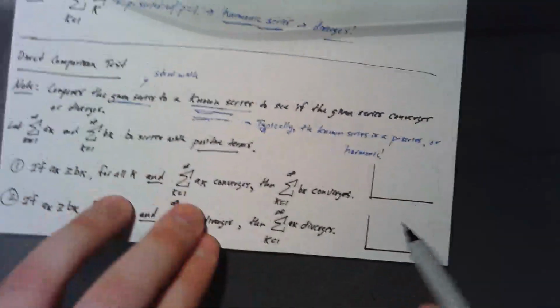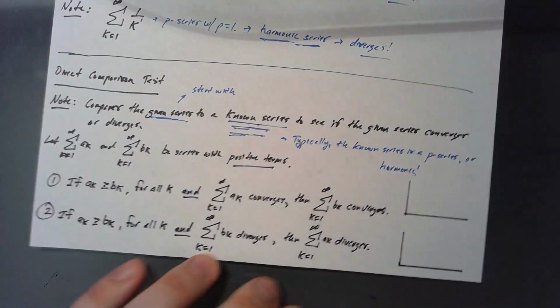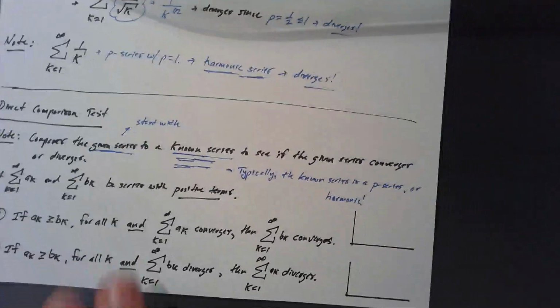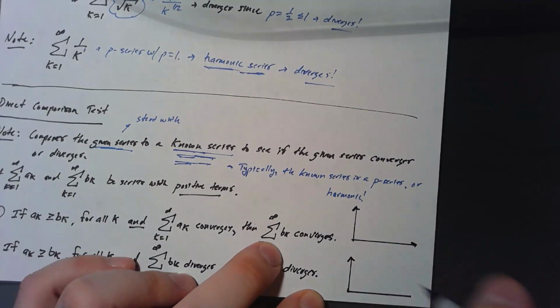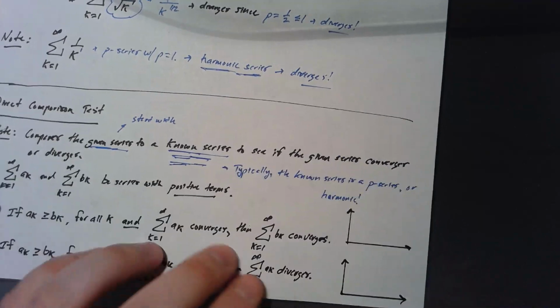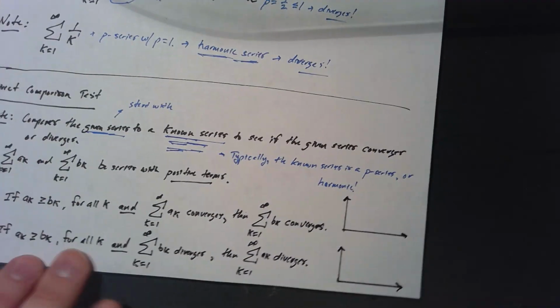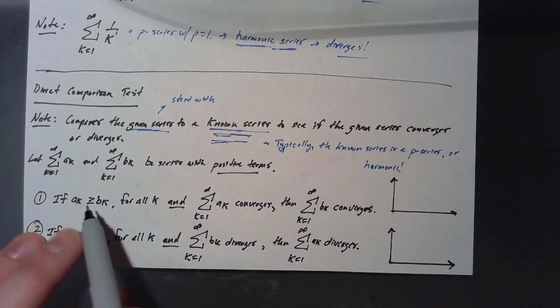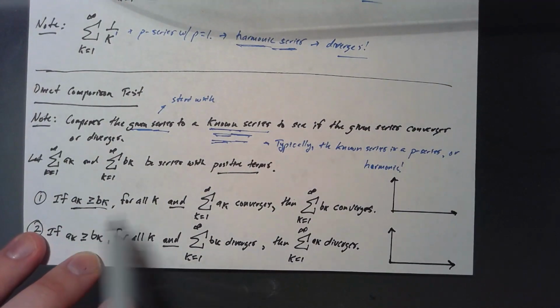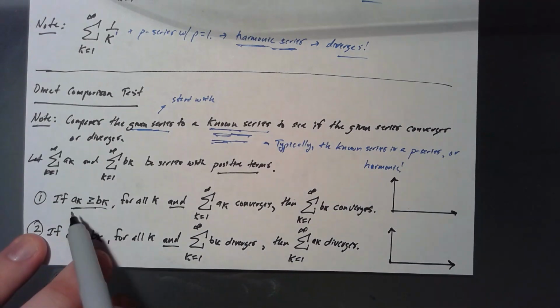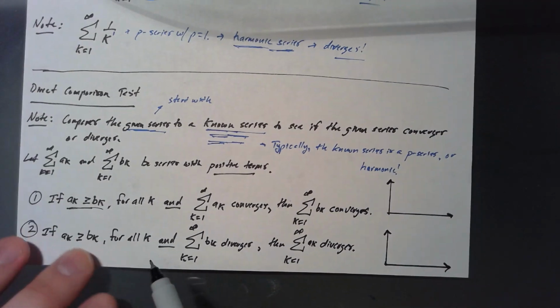So this graph is going to represent case 1 and case 2 separately. Let's say I'm looking at the first case here. So I have two series, a of k and b of k. And I know my assumption, let's say I know this: a of k is greater than b of k.